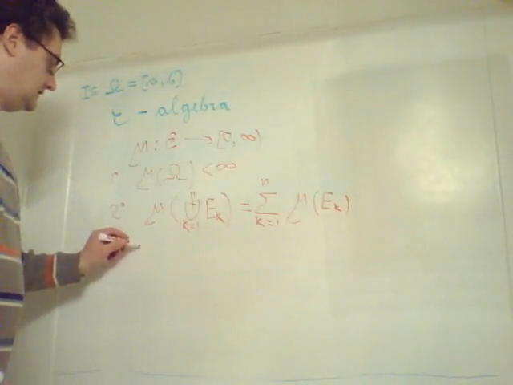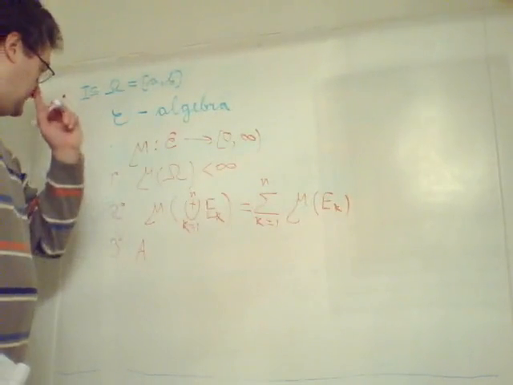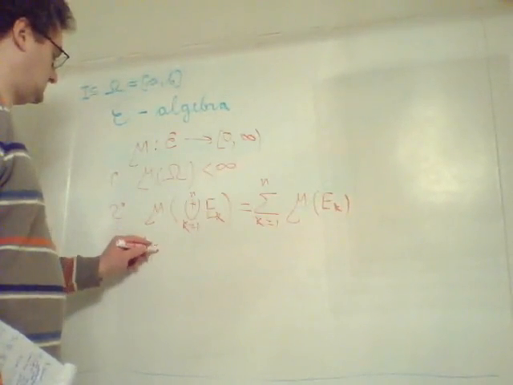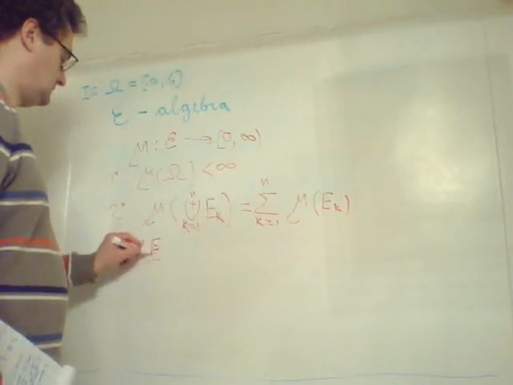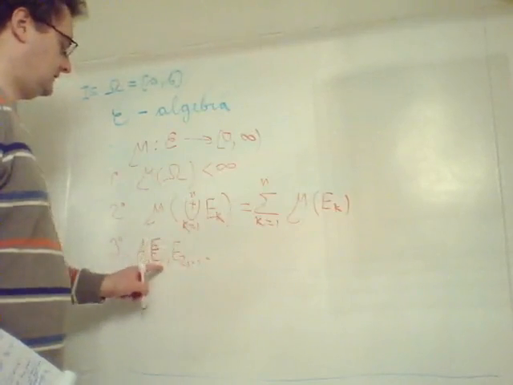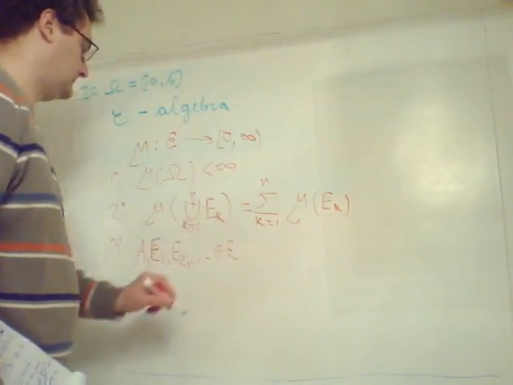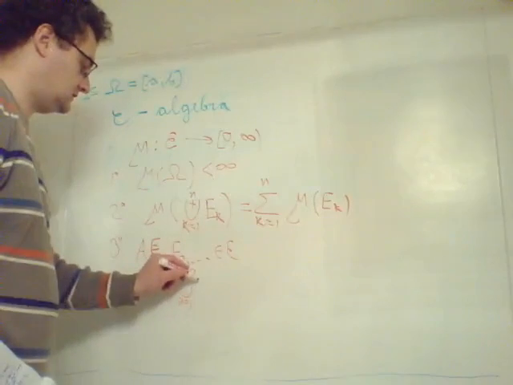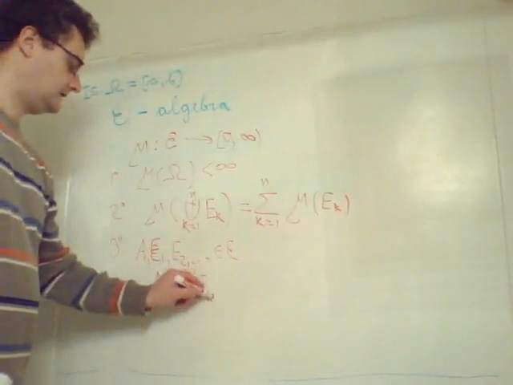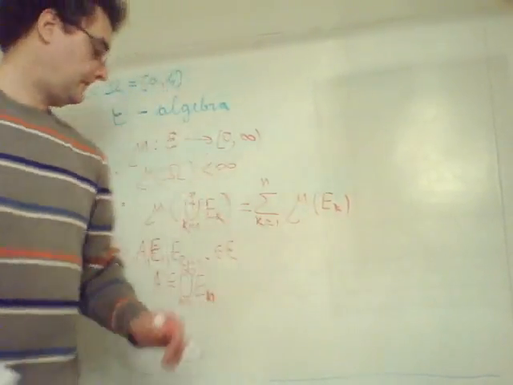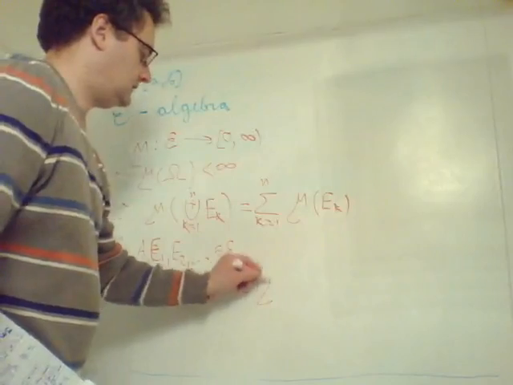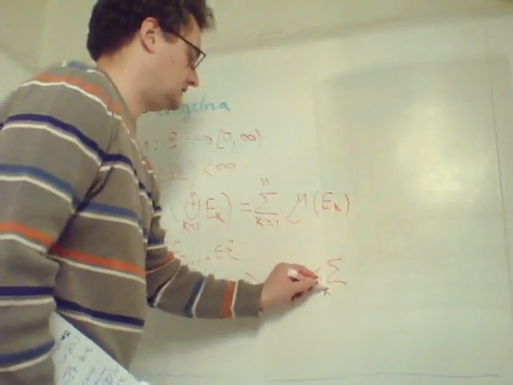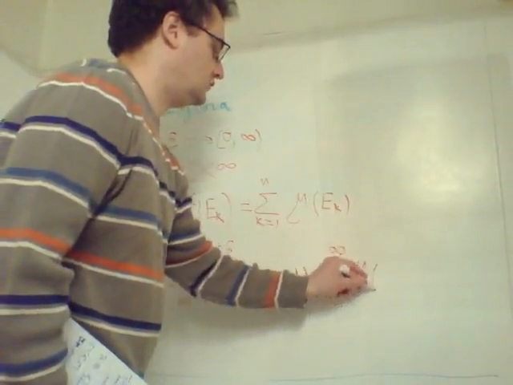is that if A is a set, as well as E1, E2, and so on, countably many E's in E, such that A is a subset of this union, which is not necessarily a disjoint union, then mu of A is less than or equal to the series, n goes from 1 to infinity, of mu of E_n.